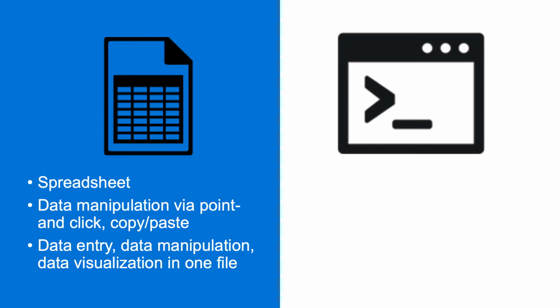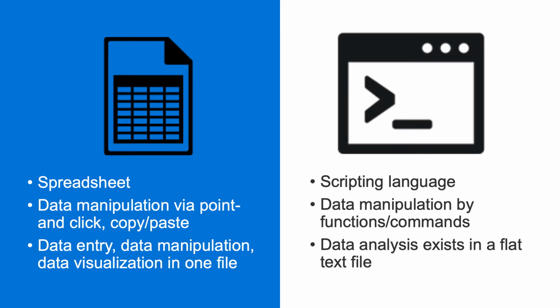And I'm going to be comparing that to a second way of doing data analysis. Hint, this is the one that I think is the better one. It's using a different set of tools. You're going to be using, in this context, a scripting language. This is a language that uses flat text files to analyze data using functions and commands.